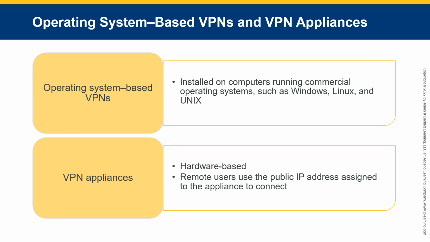They allow remote users to connect in through the public IP address on one interface, and then they have an internal interface which allows them to connect into the internal network. So these are something that both systems have in common: internal and external interfaces.